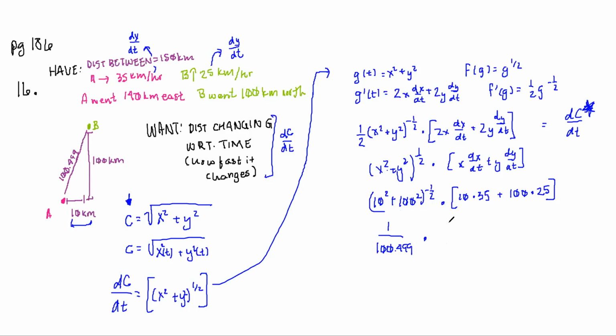Then we have this is times 10 times 35 plus 100 times 25. It's 100, missed a 0. And that is what? Times, that's it, 850.